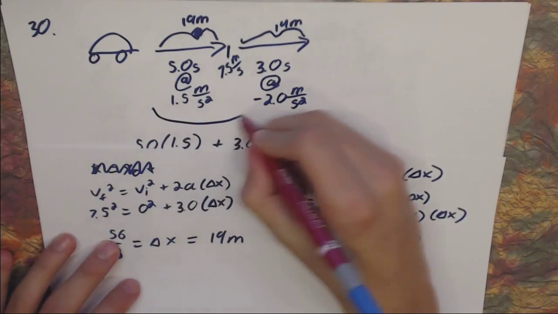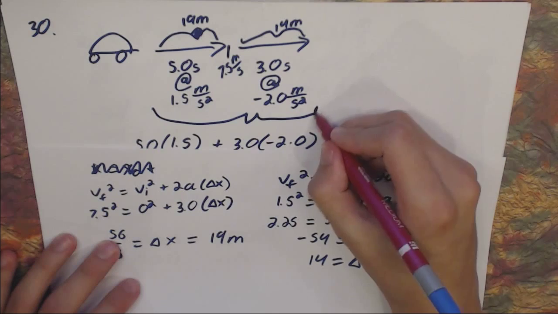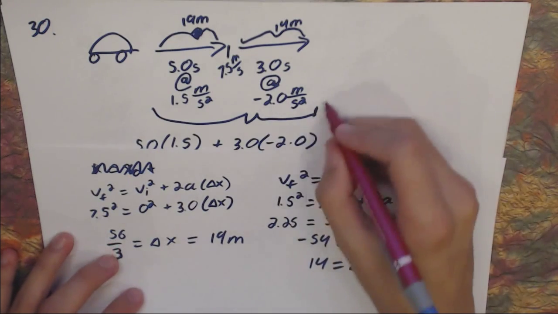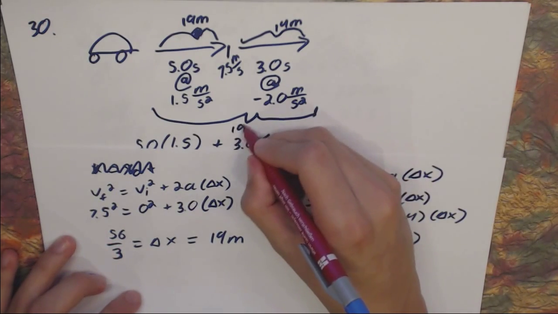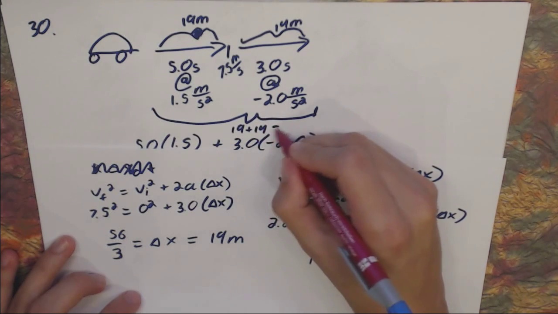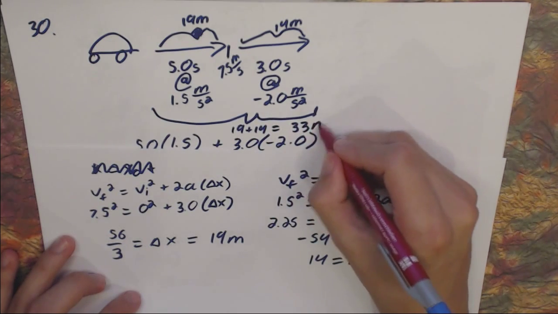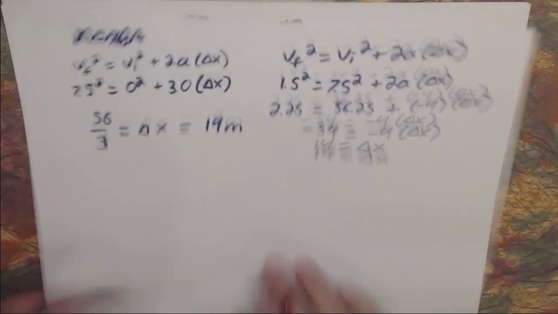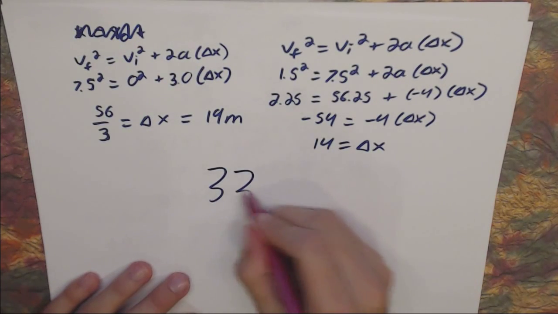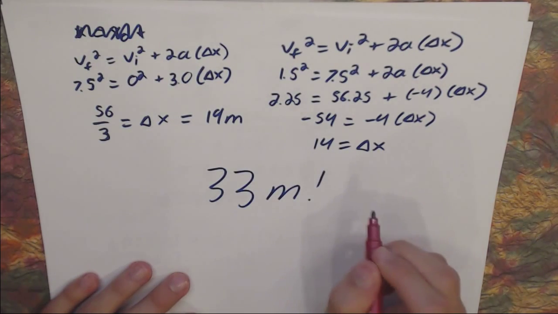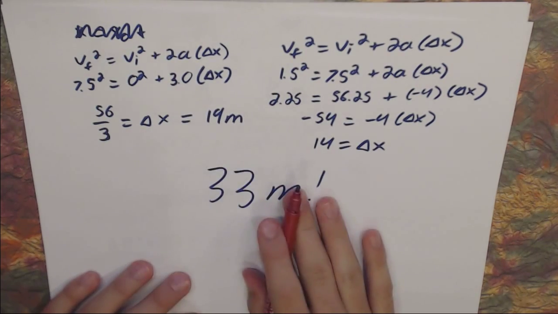And when you add those together, you get the total change in position. That was a terrible bracket. That part ruined it. 19 plus 14, 33 meters. And that is your total displacement. This is an annoying problem.